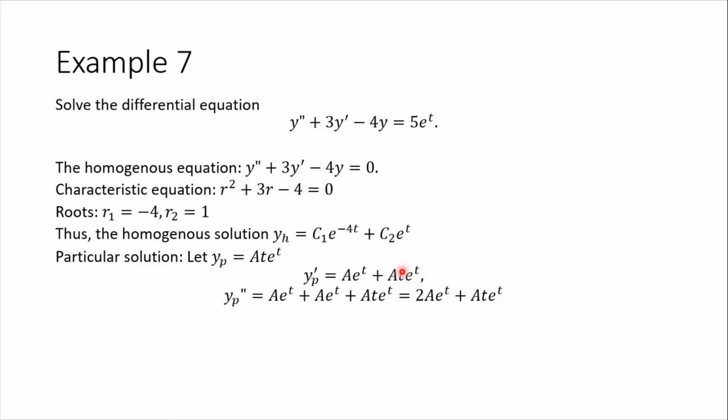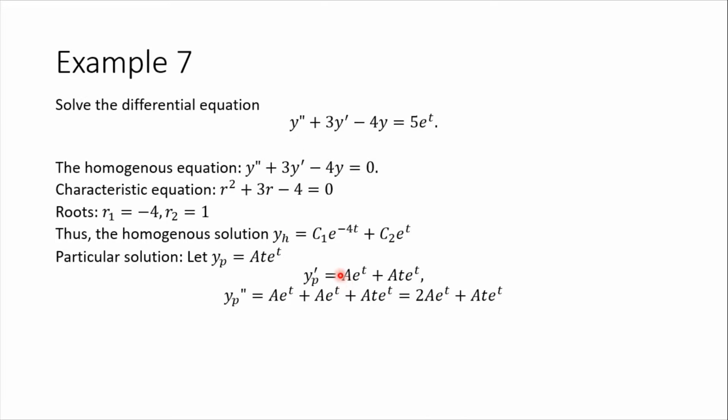What about this one? This one again, we have done it before, to find the derivative, and the derivative will be this one, using the multiplication rule. Okay, this one and this one we can add up, it becomes 2a. And again, we put everything back into the original equation.